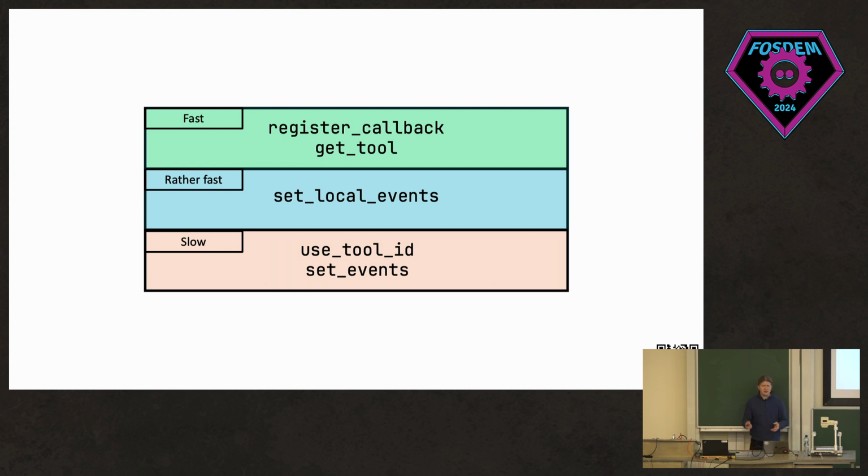What's kind of fast is setting local events, because what it does is modify the bytecode that the VM is executing, and what's pretty slow is to use a tool ID to start the debugger here, and to set the global events, because this potentially recompiles or modifies all bytecode of every function. So do it early, so then it's fine.